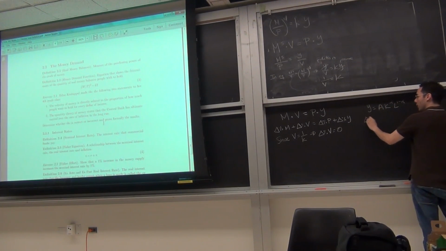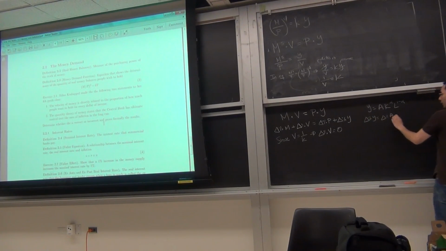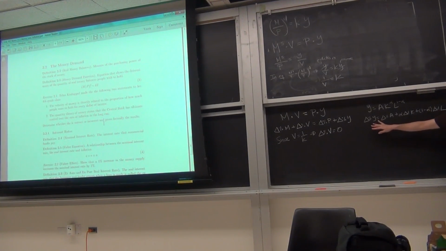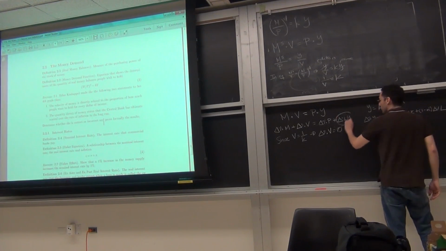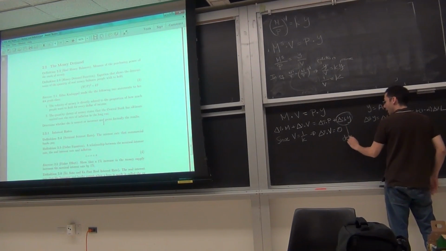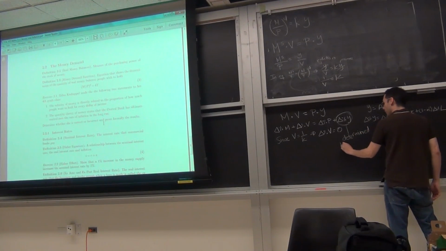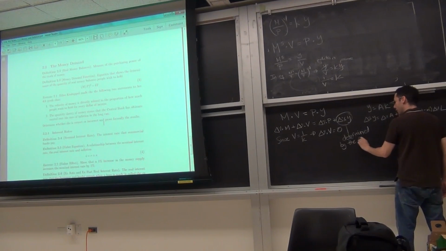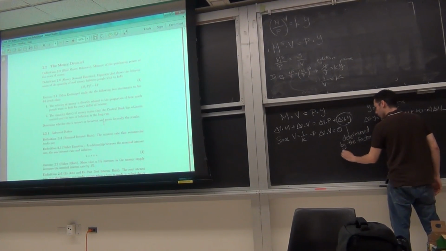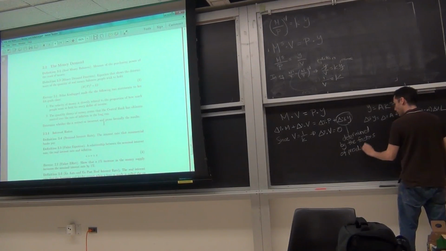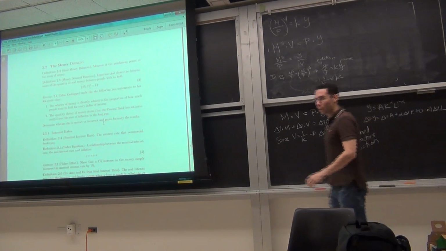So the growth rate of output is just the growth rate of technology plus alpha times the growth rate of capital, plus 1 minus alpha times the growth rate of labor, right? And all of these are exogenous variables, right? So the change in y is determined by the factors of production and of course technology, right?